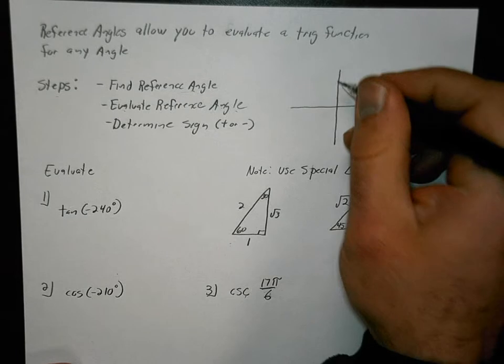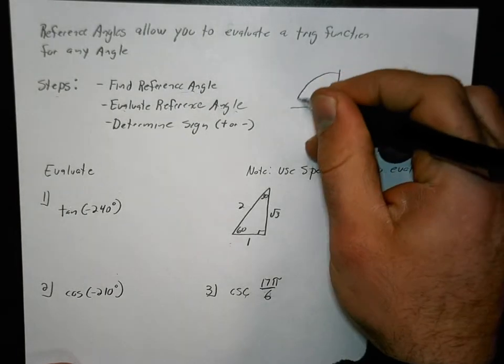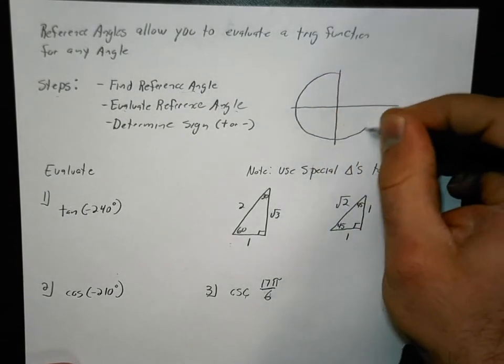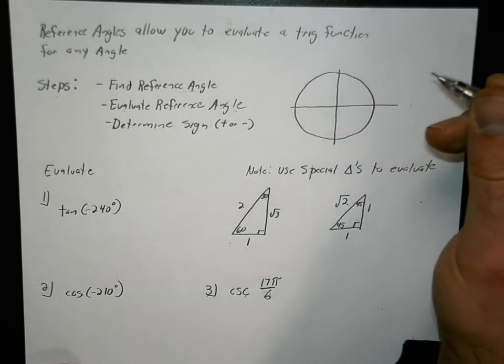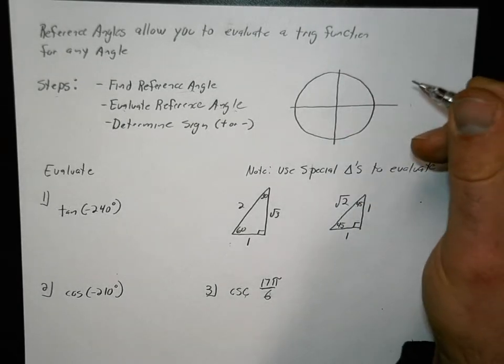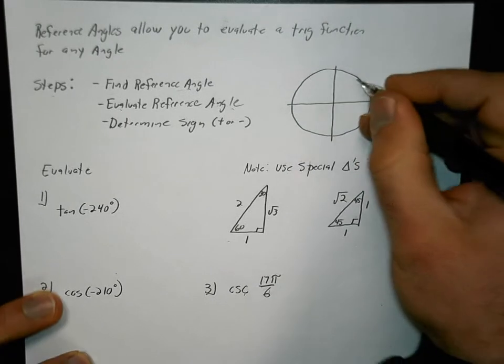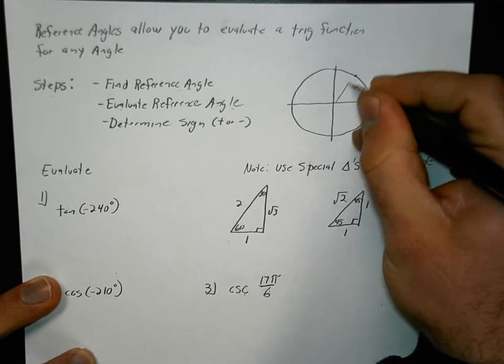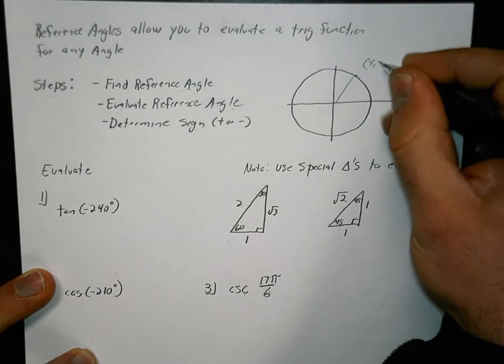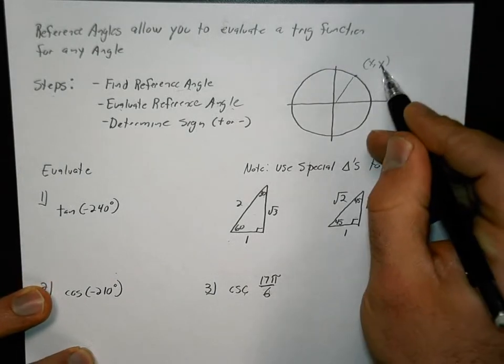Okay, so if I think of a unit circle here, and I said before that sine is the y-coordinate of any point on a unit circle. So if that's my x, y, sine is the y-coordinate.